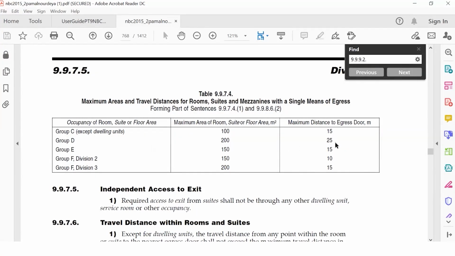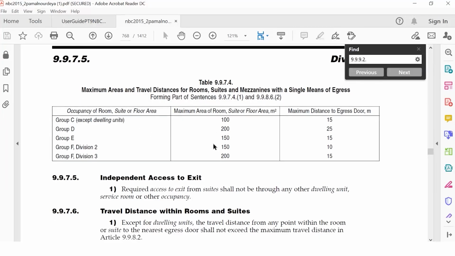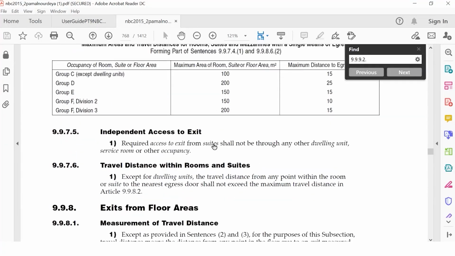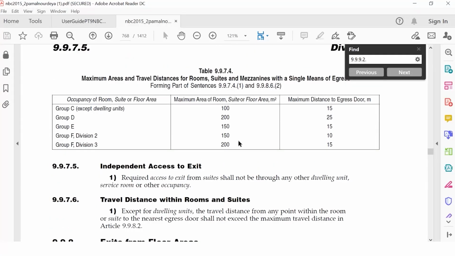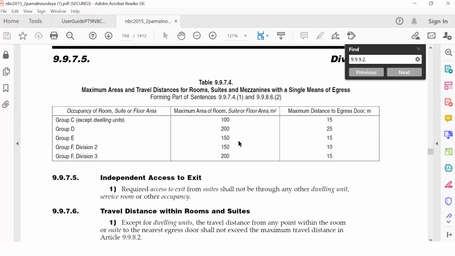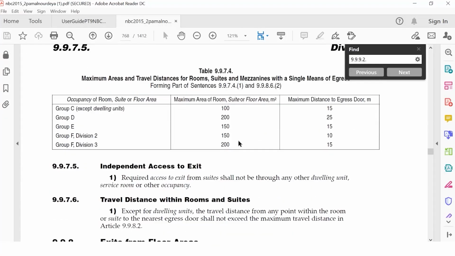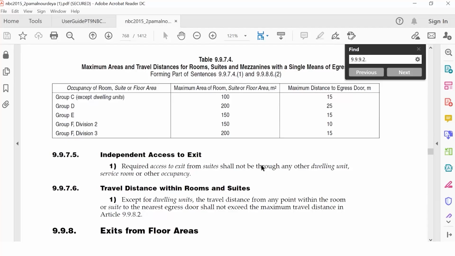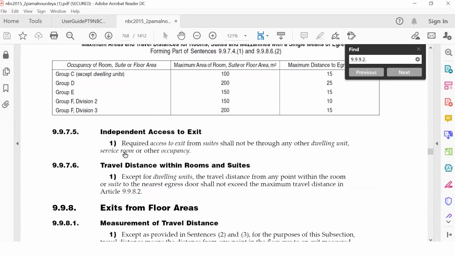If I exceed either one of those two, then I need 2 egress doors. And again, we know that for 60 occupants, we need 2 egress doors. So that's for egress doors from mezzanines and rooms, and Table 9.9.7.4 gives the allowances for a single means of egress from those rooms.